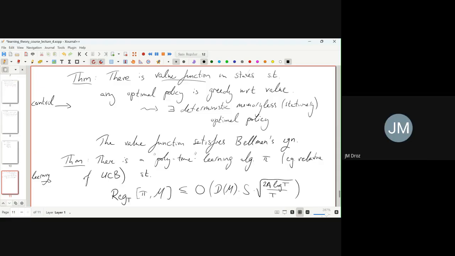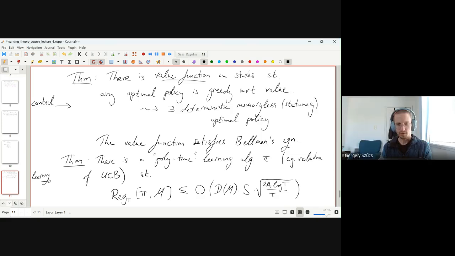Could it be polytime in T, maybe? Yeah, let's see. It will depend on the number of states. So I guess it's polytime in the number of states and probably also in the time and the number of actions.